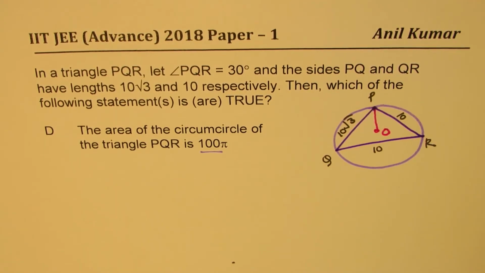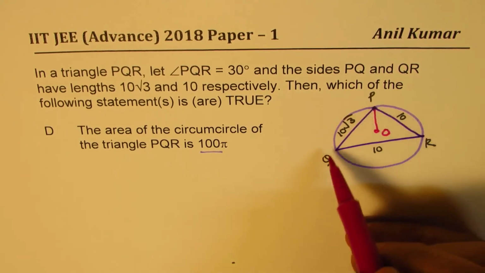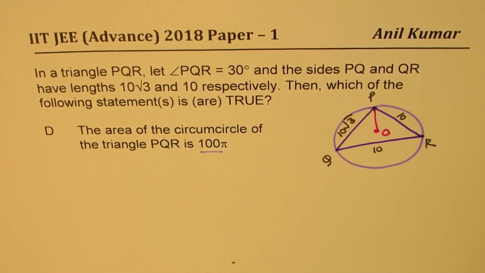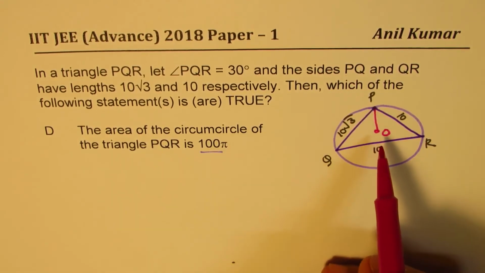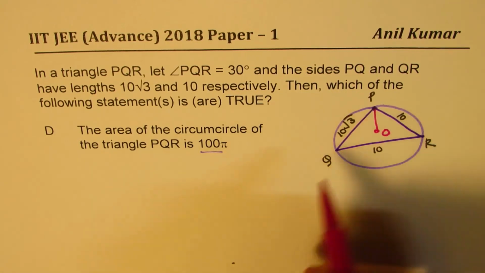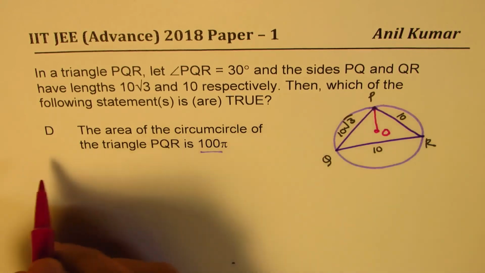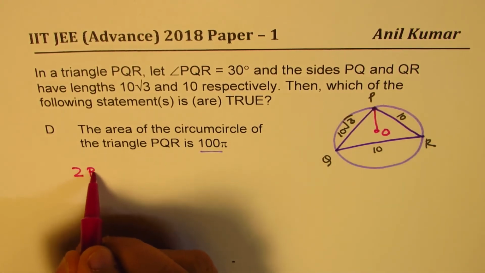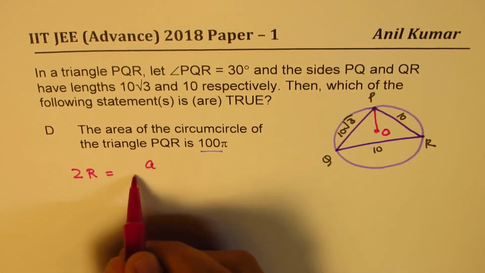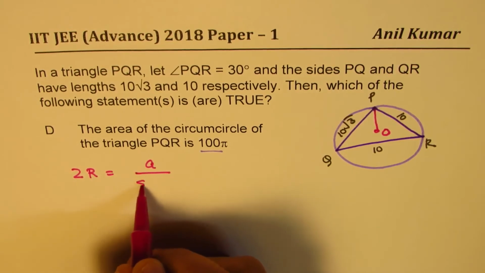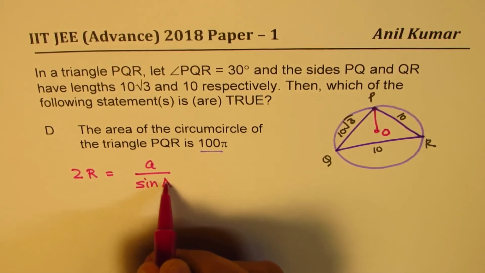Now how do you relate this radius with the sides of a triangle? So if you remember, we have this formula that twice the radius is basically equal to any side over sine of that angle, right? Sine of that angle.